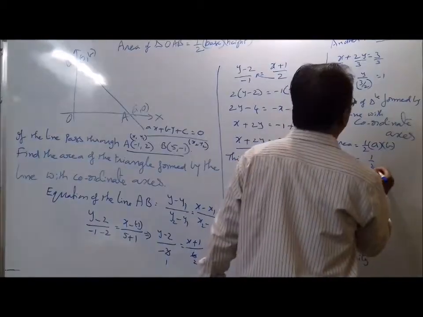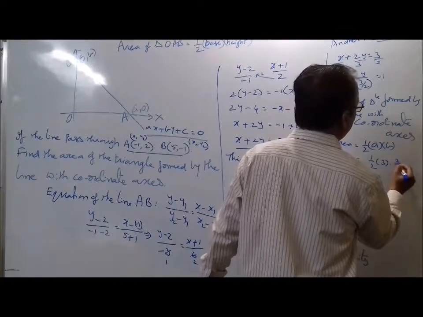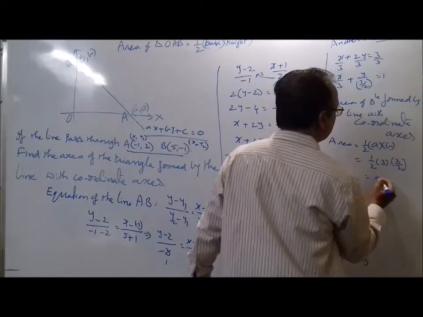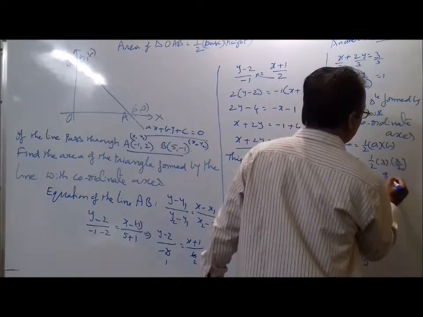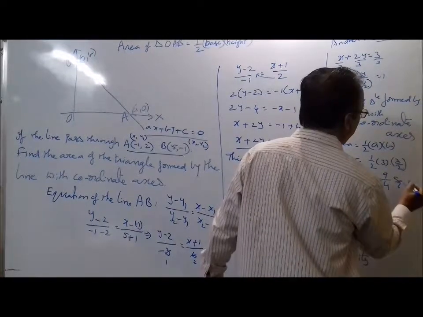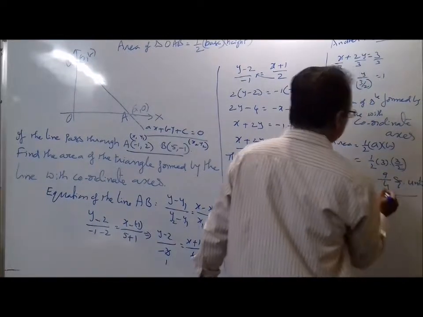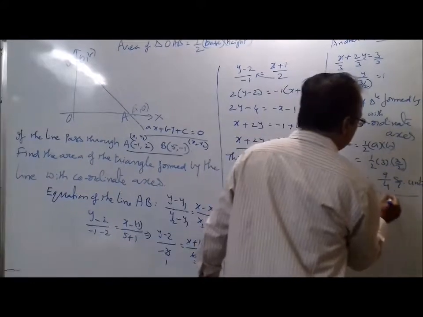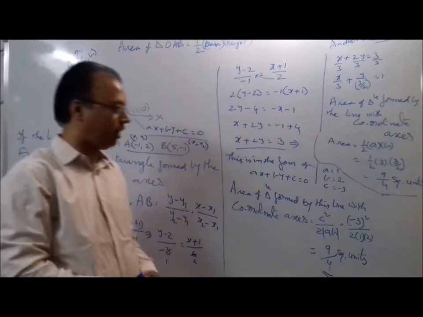So half, a is 3, b is 3 by 2. That is 3 into 3 is 9 by 4 square units. So whichever method is convenient for us, we can follow.